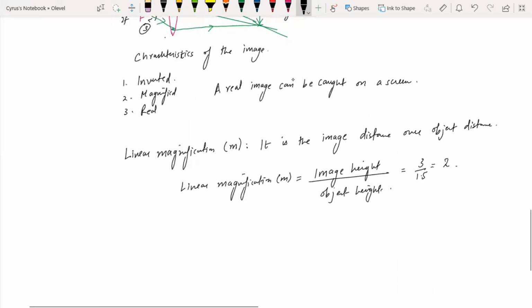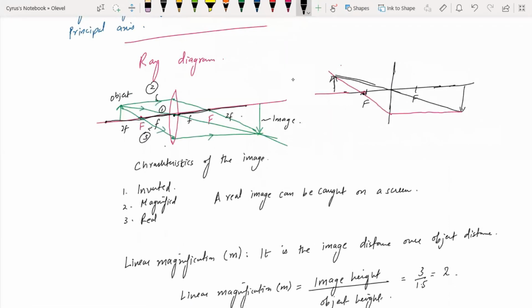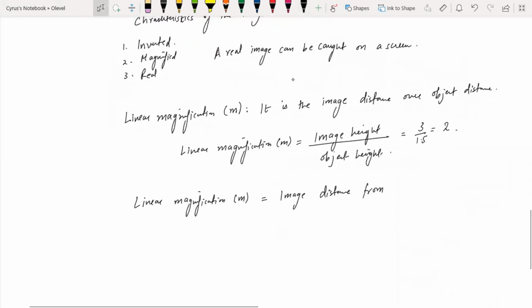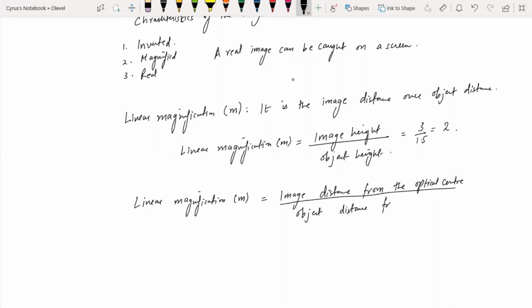For example, we can also write here that linear magnification is image distance from the optical center. This is the optical center here. This one, image distance जो आपके पास है from the optical center over object distance from the optical center.